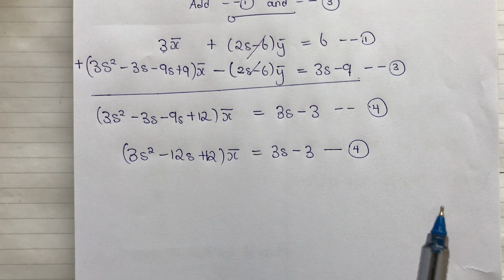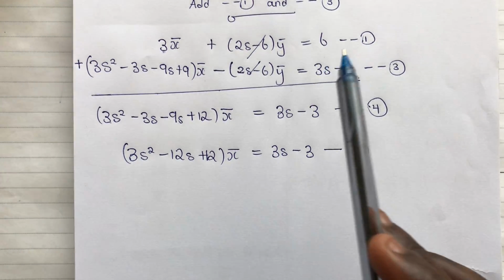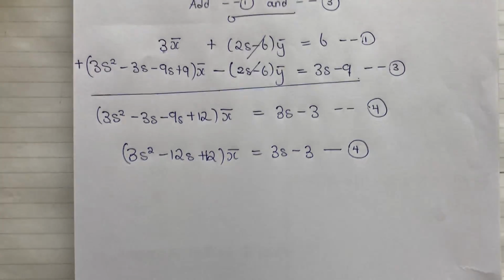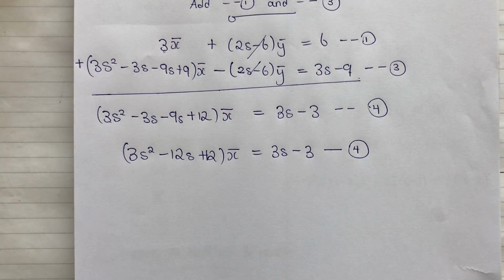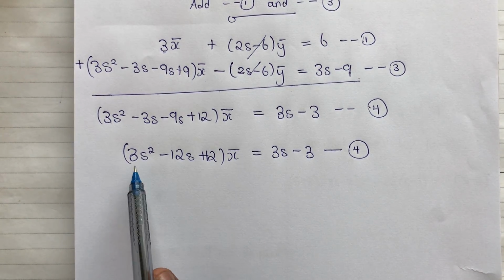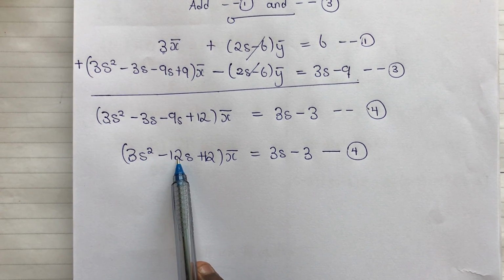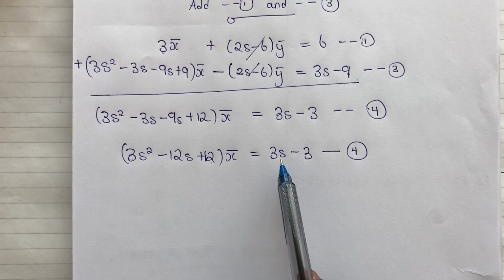Now from here, we have been able to eliminate y bar, so we can work on what? X bar. So we can make x bar the subject of the equation. But before we do that, we can see that there is a common factor here. We have 3 here, we have 12 here, we have 12 here, and we have 3.